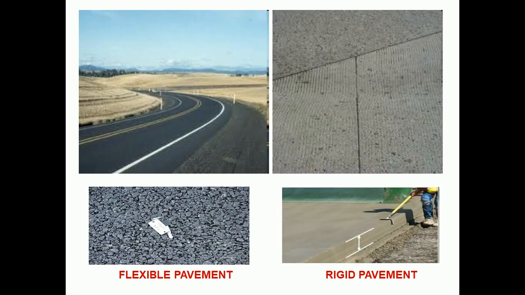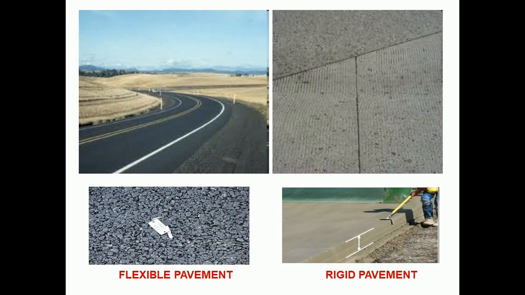One simple differentiation between flexible pavement and rigid pavement is that any pavement other than cement concrete pavement is called flexible pavement, and all cement concrete pavements are called rigid pavement.